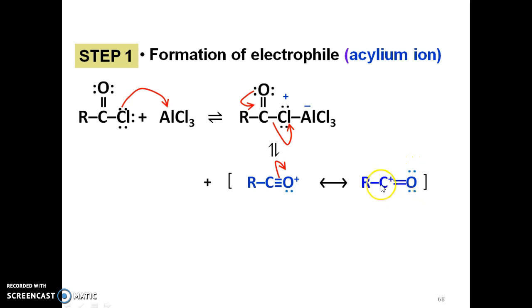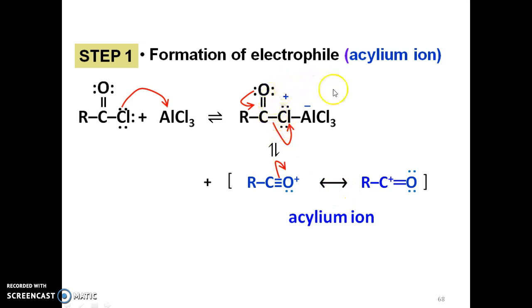Now C has 3 bonds, so the formal charge for C is 4 valence electrons minus 3 bonds, so positive 1. These are resonance structures of each other. We call this the acylium ion. When you do the mechanism of Friedel-Crafts acylation of benzene, don't forget the acylium ion has 2 resonance structures.